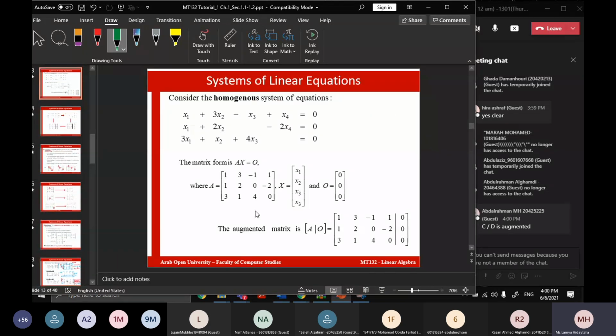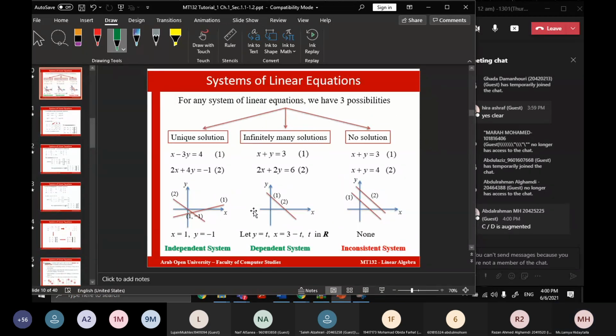Either we will have no solution, or one solution, or infinitely many solutions. Either one or infinitely many: there is a solution, the system is consistent. Or else no solution, and we say that the system is inconsistent in this case.